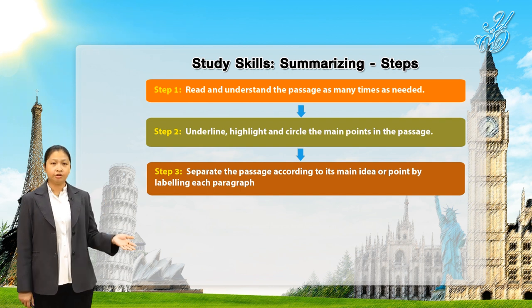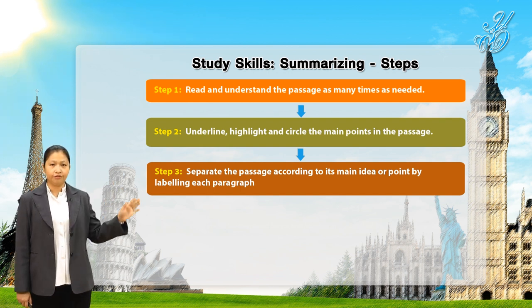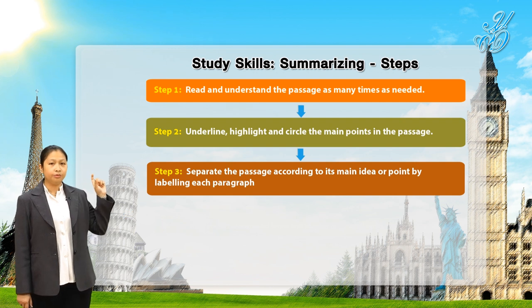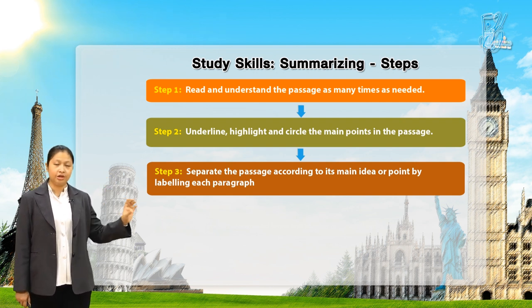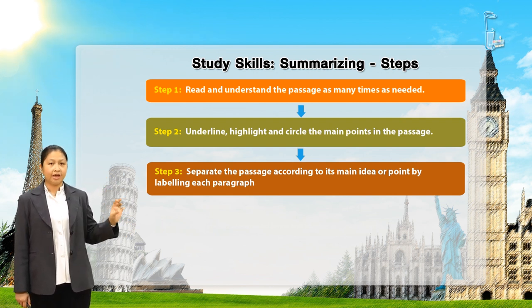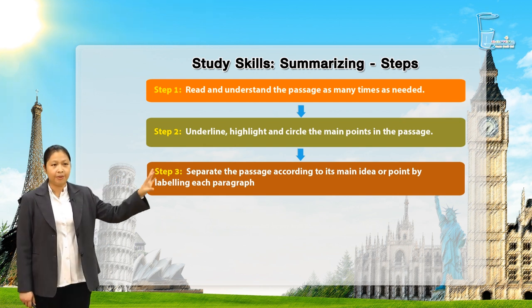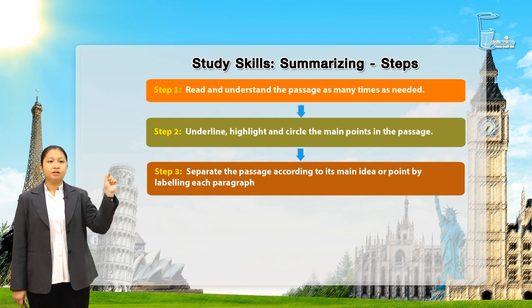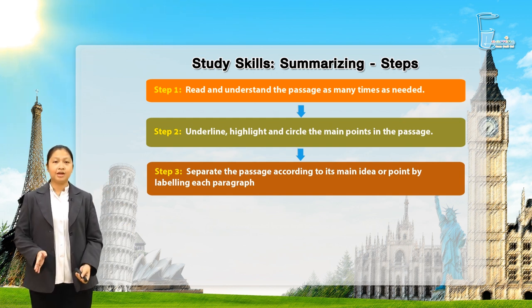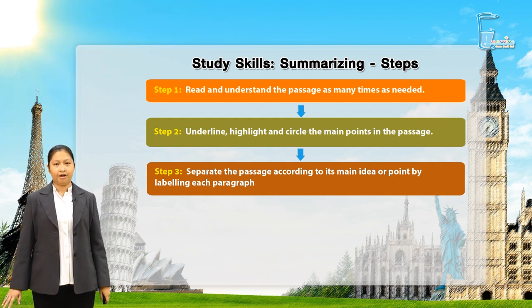If it is an article or an essay, there are different paragraphs, and when you summarize, you have to look at each paragraph to get the main points of each paragraph. Separate the paragraphs and then try to find out the main idea for each paragraph.